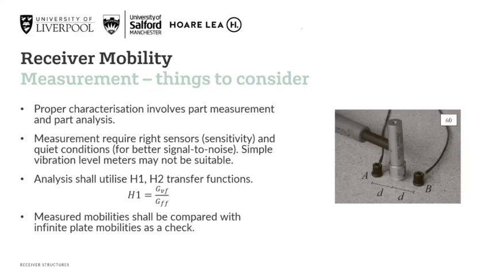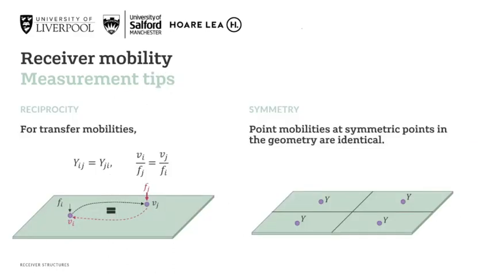Okay, some measurement tips. If you have a very big area and you want to measure some transfer mobilities, you can use the principle of reciprocity: applying force at one location and measuring velocity at another location will give the same result as applying the force at the second location and measuring the velocity at the first.